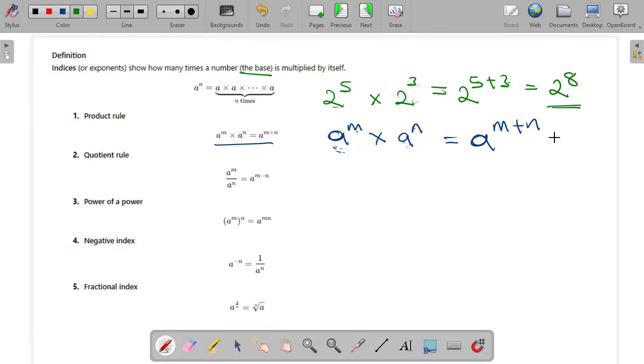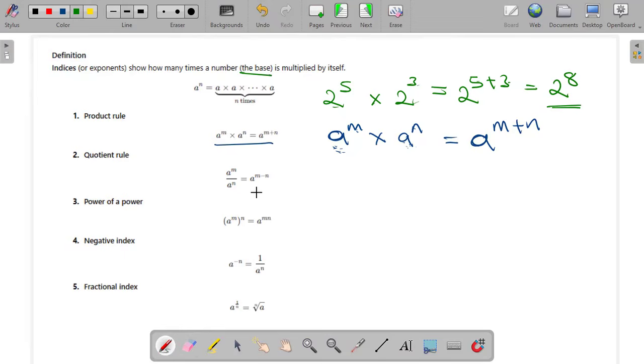So this is what the product rule is saying. And of course, you can evaluate this. What this means is just 2 is multiplying by itself 8 times. That's 2 multiplied by 2 by 2 by 2, like that, up to 8 times. Okay, so that's what this product rule means.